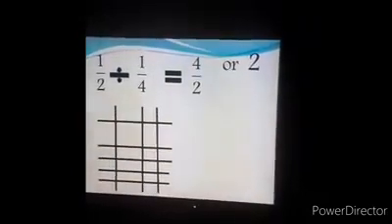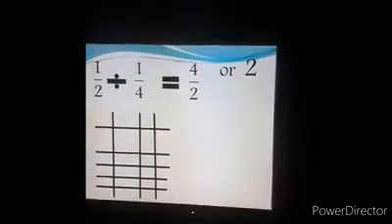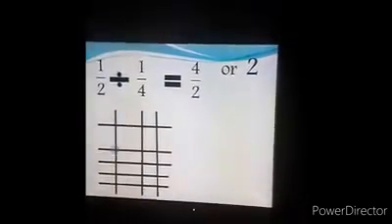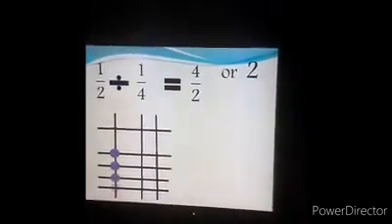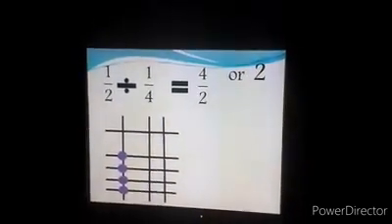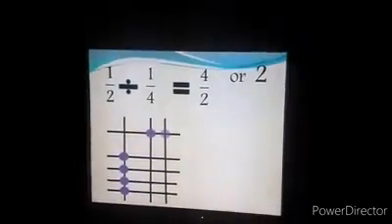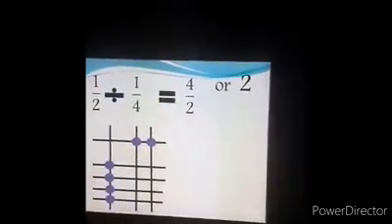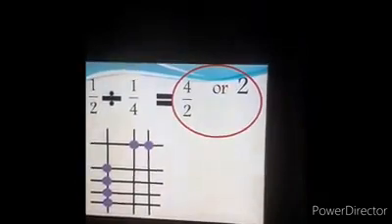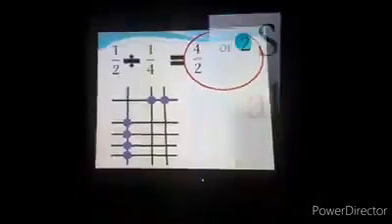So we count again the intersecting lines at the bottom left. So we have 1, 2, 3, 4. To get the denominator, we count the upper right. So we have 1, 2. So we get the answer 4/2 or 2, because we divide 4 by 2.